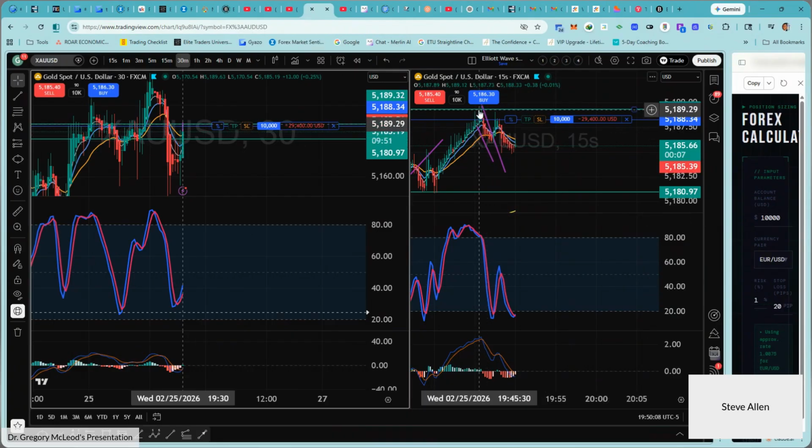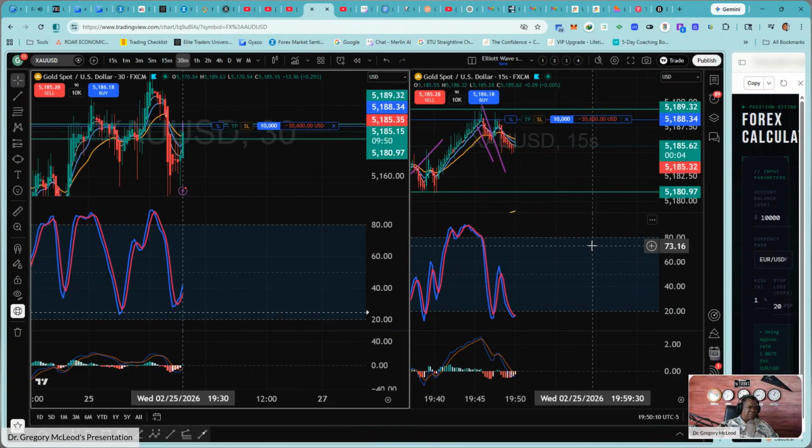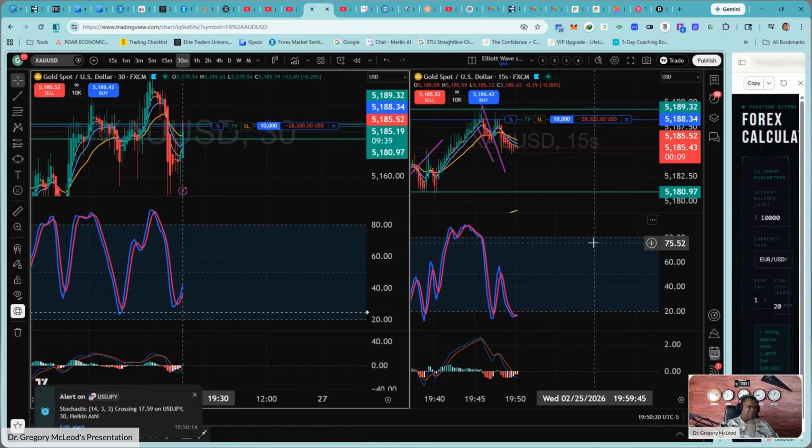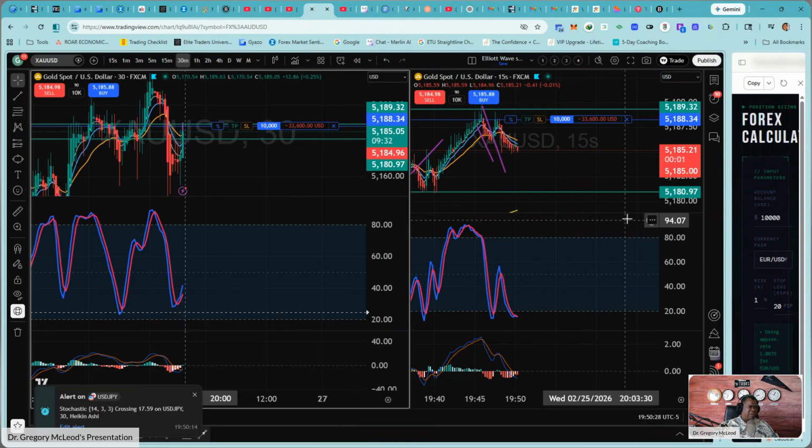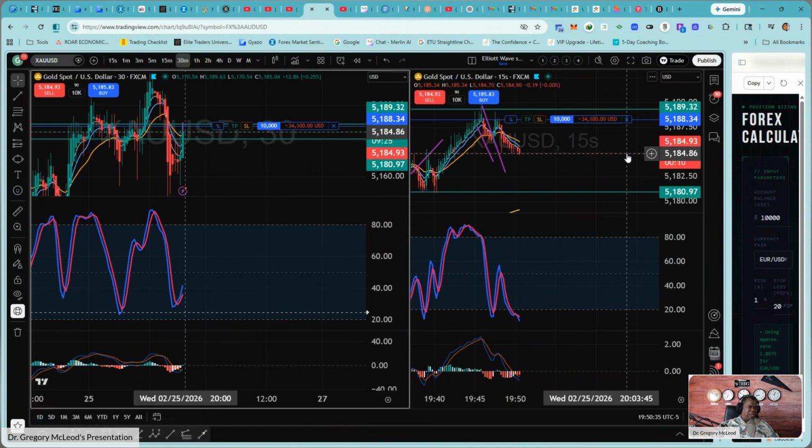So this was an A, B, C. So let's see if we get a wave 1, 1, 2. Lots of lows here. 5184. MACD below the 0 line.